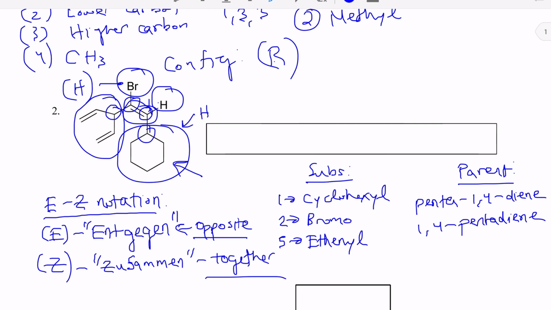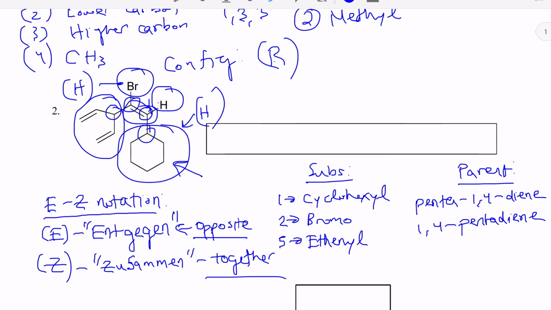So with that in mind, we now see that our two primary groups on both ends of this double bond are on opposite sides of the double bond, so they're not on the same side, right? The bromo group is above the double bond, while the cyclopentyl group is below. If you tilt the molecule, you can see that.